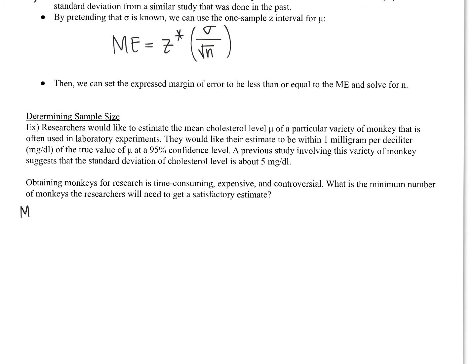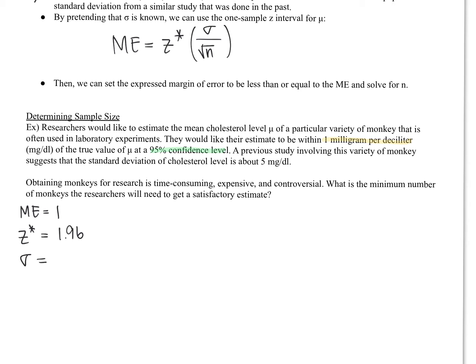So our margin of error, if we search through the problem, is 1 milligram per deciliter. We're going to have 1. We are using a z critical value, which involves using our 95% confidence level. So we would use INV norm to solve for our z critical value, which ends up being 1.96.